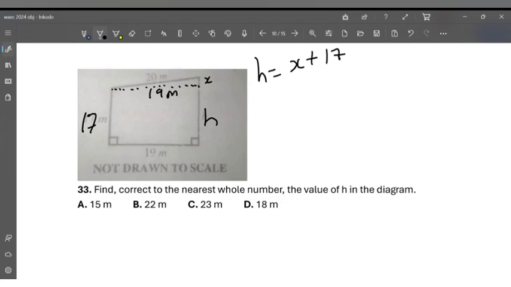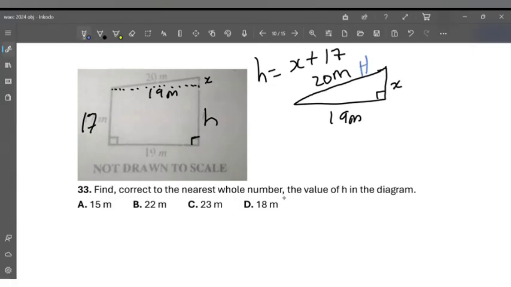So let me bring out this triangle I'm seeing. The base here is 19 meters, the longer side is 20 meters, and there is this x that I'm looking for. Obviously, it's a right angle triangle, so I'm going to apply Pythagoras' theorem here. This 20 is my hypotenuse.